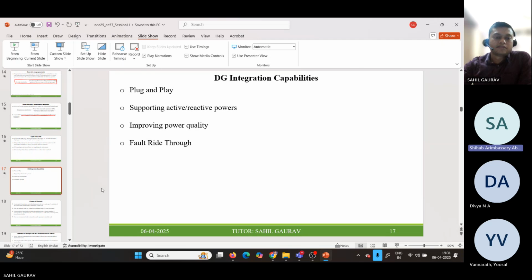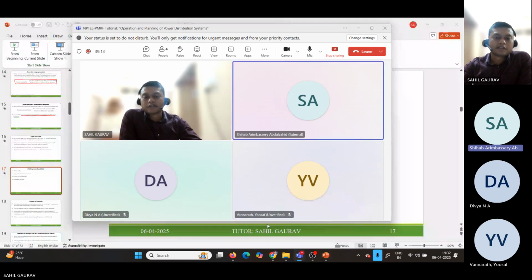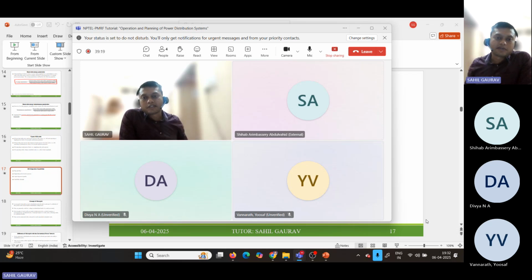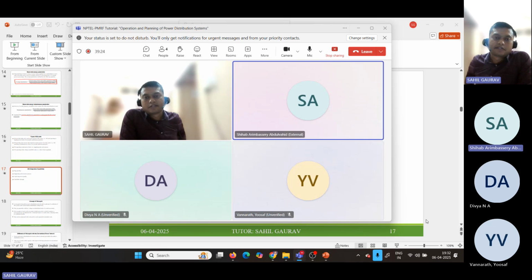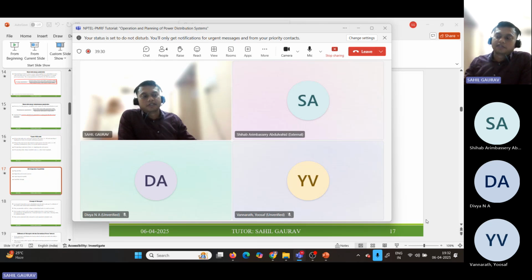Is this related with the short circuit? You are asking about short circuit. Is there any relationship between fault ride through and short circuit? I don't think it is related with short circuit.